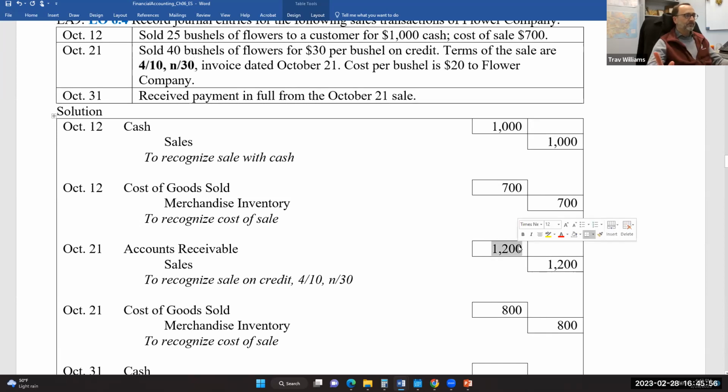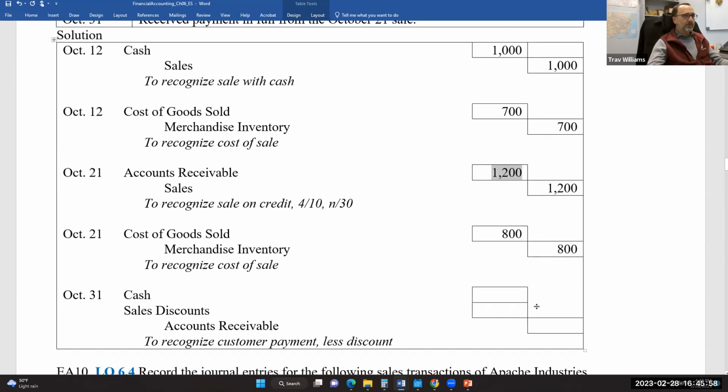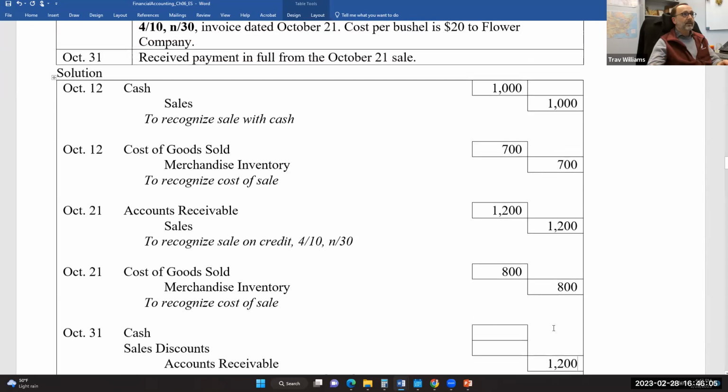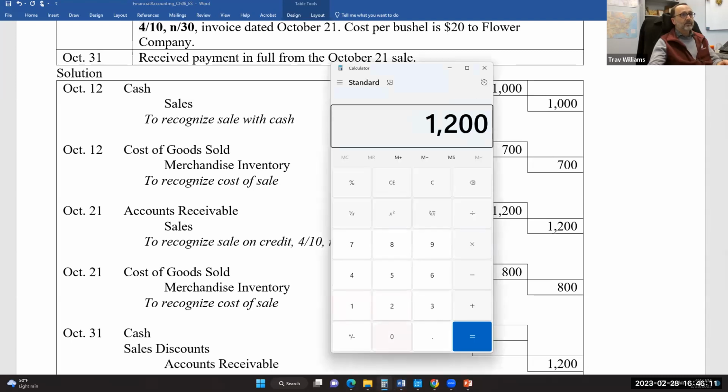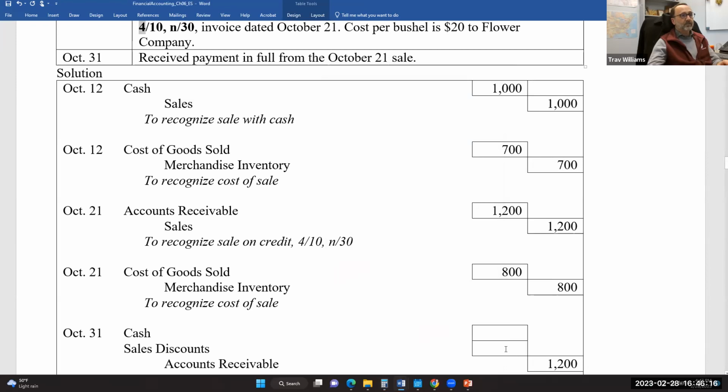There was no return, so they owe us $1,200. So their full $1,200 of accounts receivable goes away. They're getting a 4% discount by paying early. So 1,200 times 4%, they're getting a $48 discount.